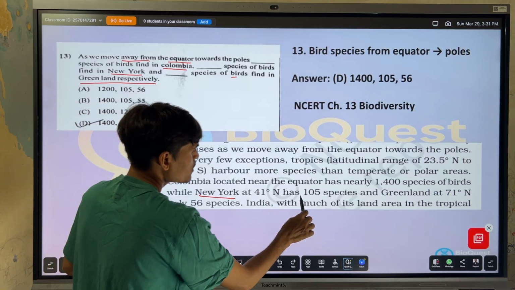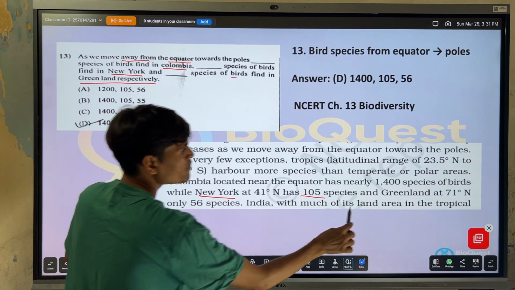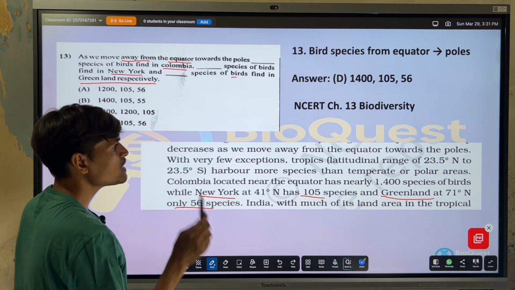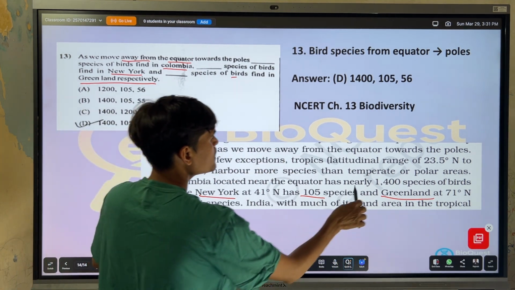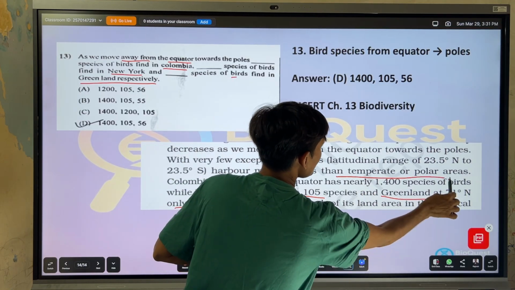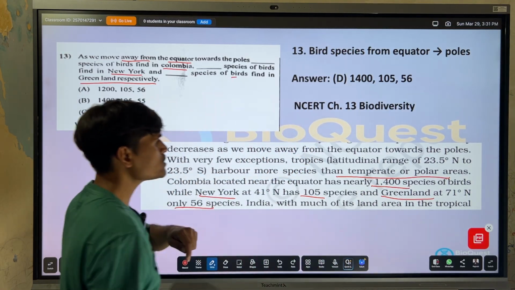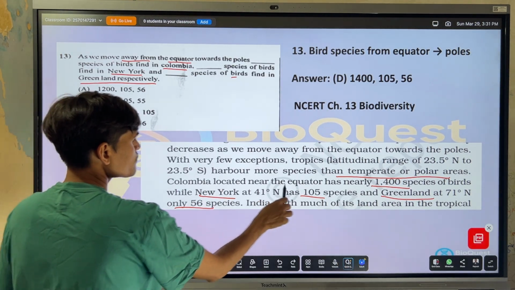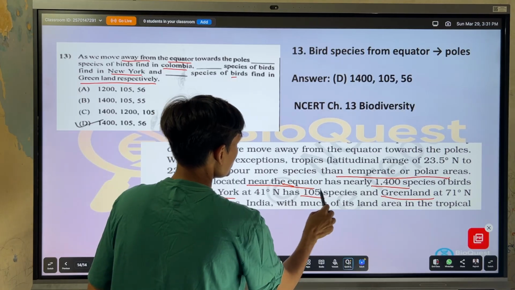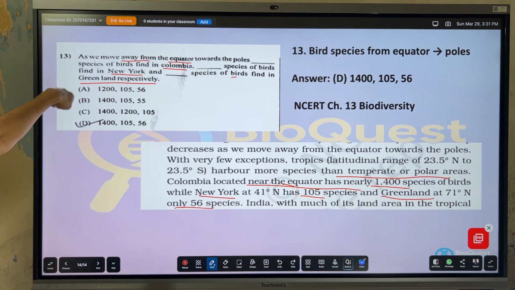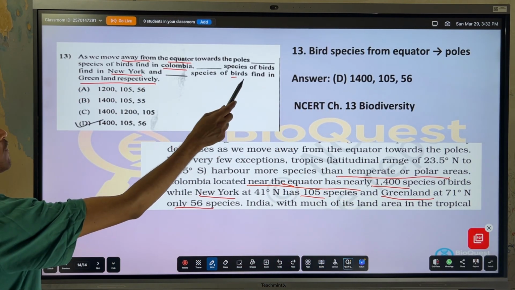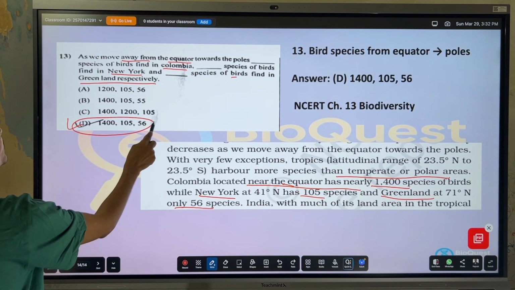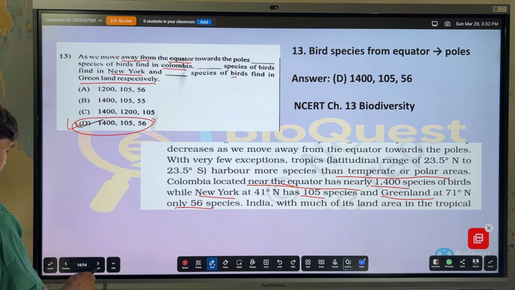New York 105 species, Greenland with 56 species, and 1400 species of bird near the equator. So the answer here is 1400, 105 and 56.